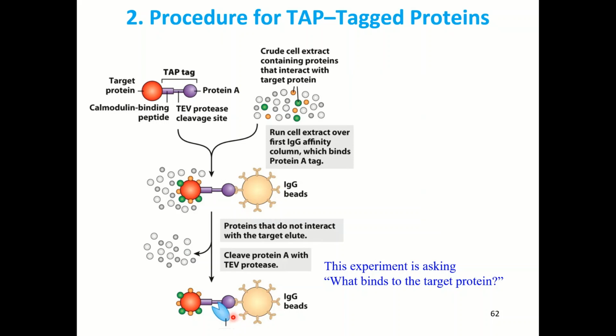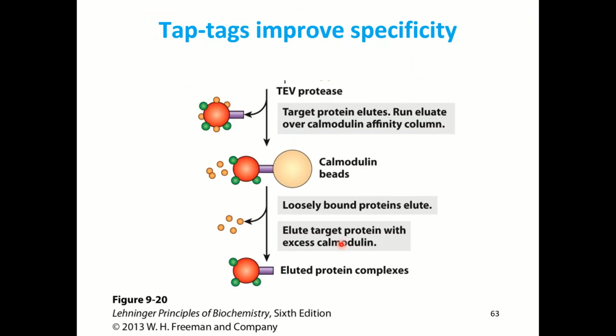Okay, the next step is cutting that cleavage site, the protease cleavage site, and what we're left with is our protein and the proteins that bind it. Then remember we also have this calmodulin site there. We can bind it to a column that has calmodulin beads and then immobilize our target protein, and then we can elute the loosely bound proteins.